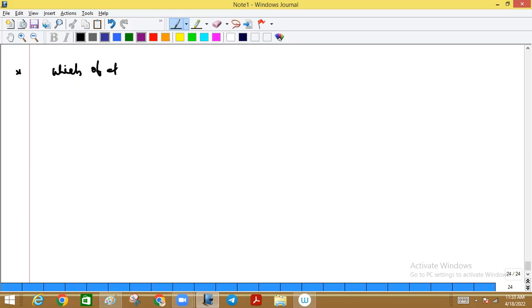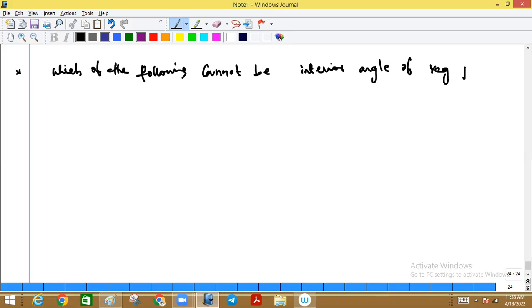Which of the following cannot be an interior angle of a regular polygon?